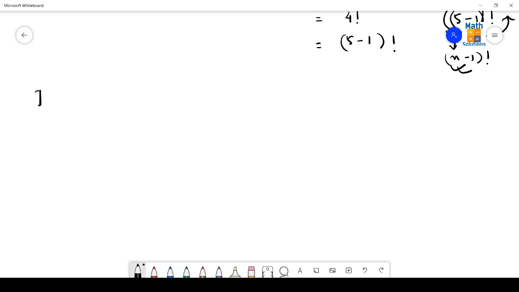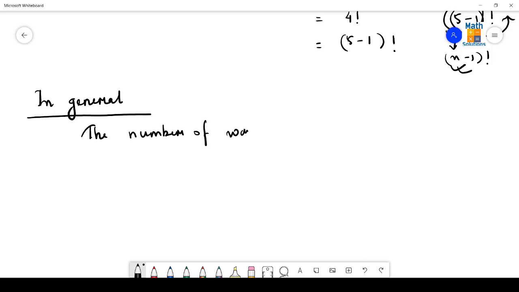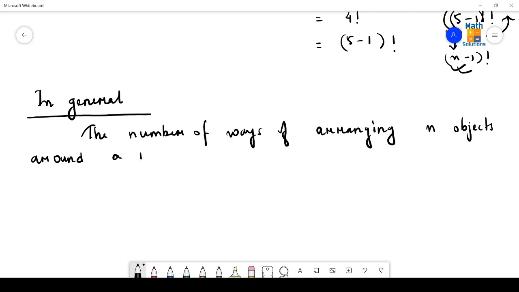So in general, the number of ways of arranging n objects, I mean n number of objects, around a round table, means whatever we had discussed just now, is n minus 1 factorial.